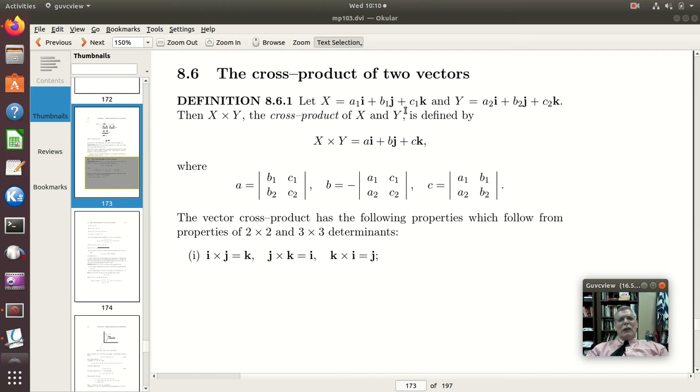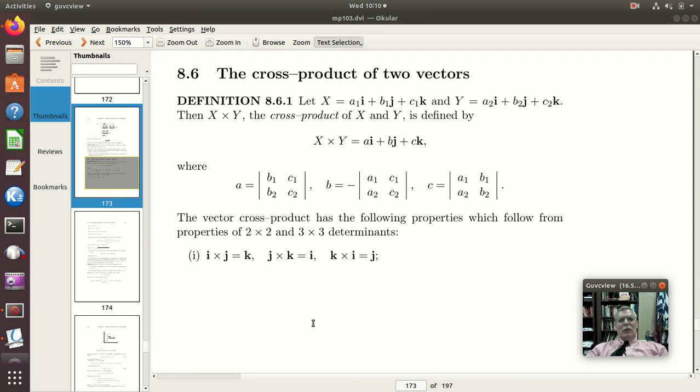If I think of two vectors in space, I could always pretend that they're both in the screen here. So one vector could start here at the origin and go up this way, and another vector could start at the origin and go that way. And if they aren't in the screen, just tip the screen around until that happens.